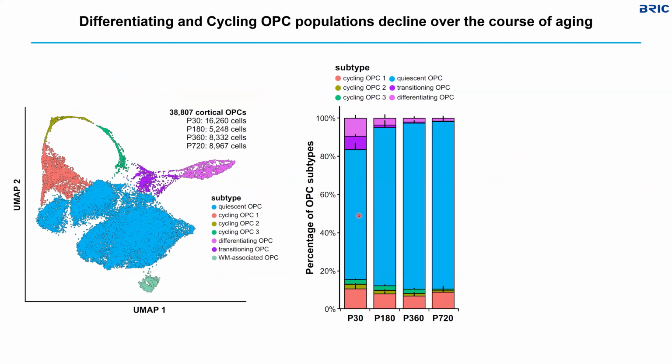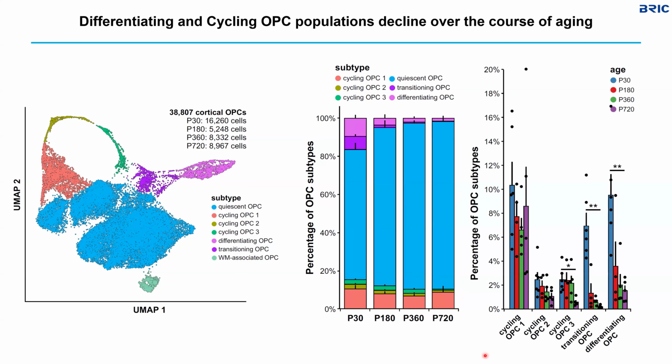Those blue bars are quiescent OPCs, and over the course of aging, more cells are becoming quiescent and less dynamic. With the increase in the quiescent OPC population, you can also see that the differentiating population is massively declining, just as we expected. And you can also see that some cycling populations are decreasing in proportion.